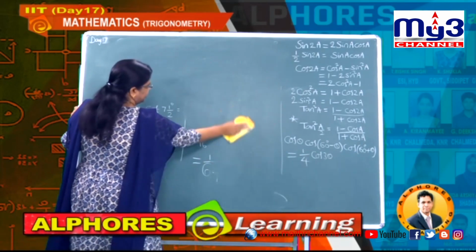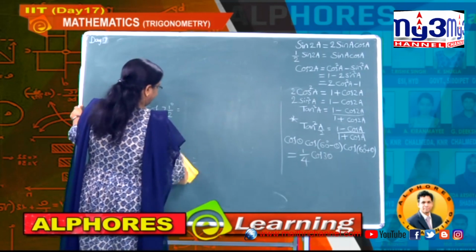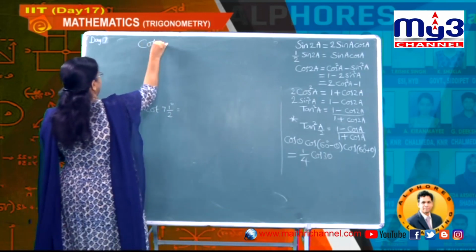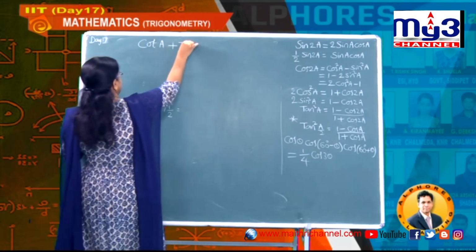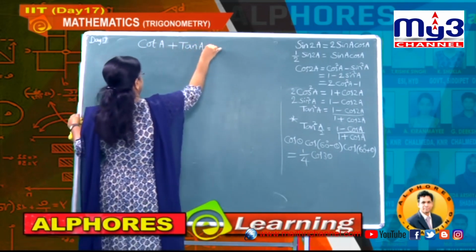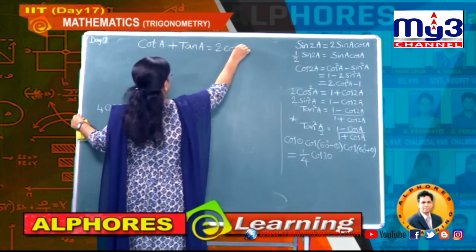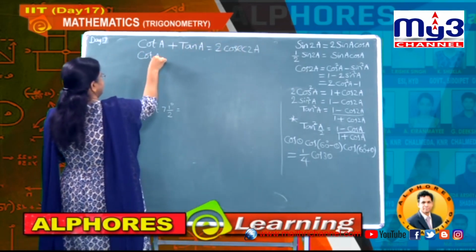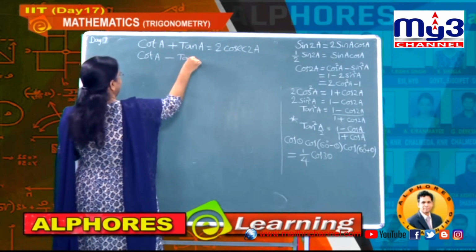Using that formula earlier we observed cot 7.5. So this is the formula we have applied: cot A plus tan A equals 2 cosecant 2A, and cot A minus tan A is nothing but 2 cot 2A.